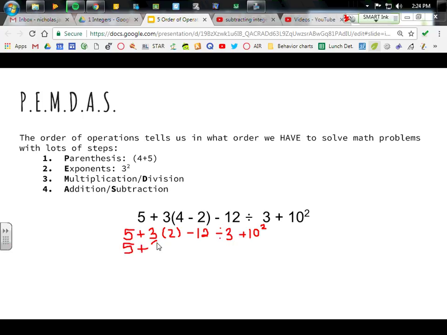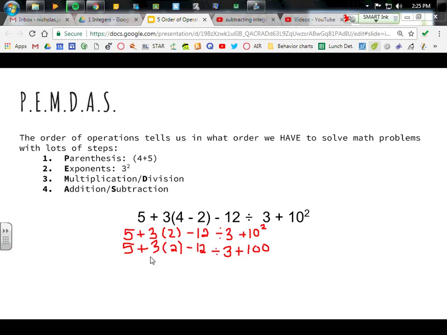So 5 plus 3 times 2 minus 12 divided by 3 plus 100. All right. I'm all out of exponents, and now I move on to multiplication and division. I'm just going to do it left to right. So I've got multiplication here, I've got division here. Let's go ahead and do that left to right.